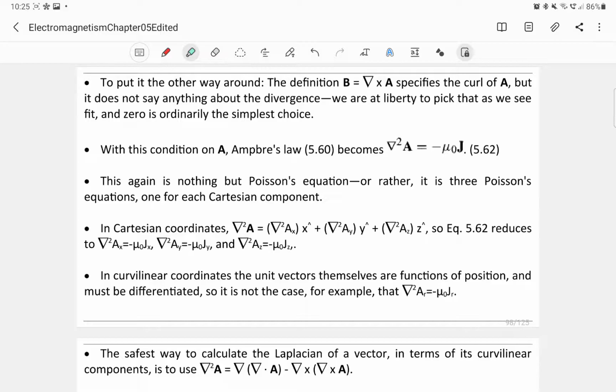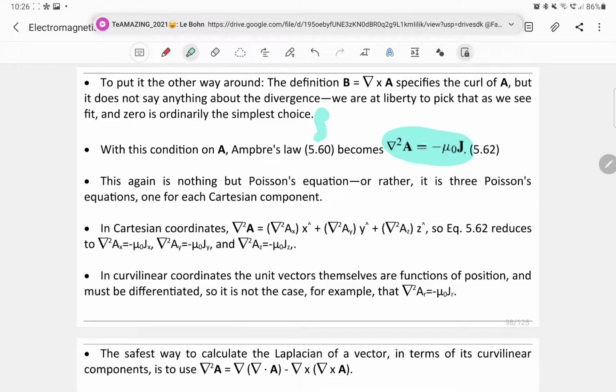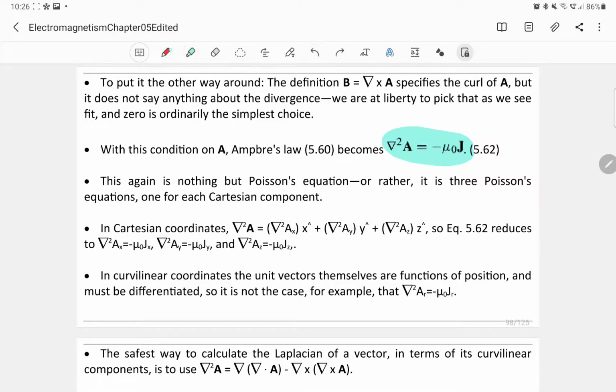For this condition on A, Ampere's law becomes this, from the integral form, the integral of B dot dl equal to mu sub o I enclosed.